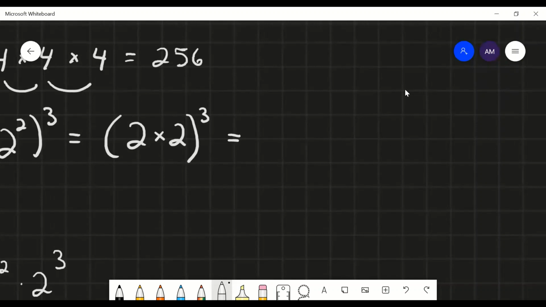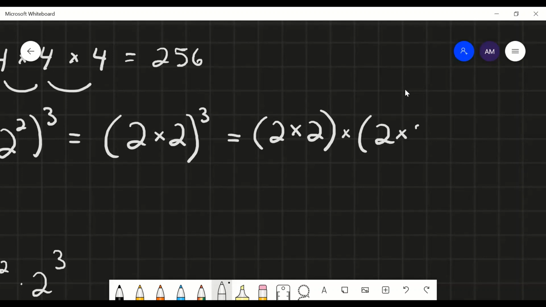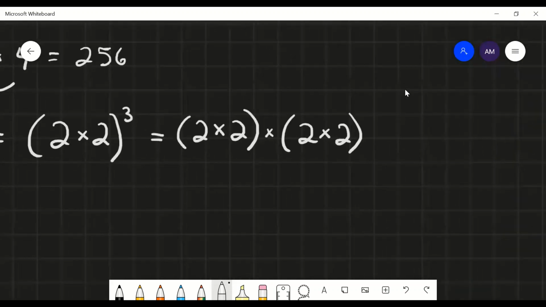Well, anything raised to the power of 3 means you multiply it by itself by itself. So even if it's a thing that's in brackets here, so even if it's the 2 times 2, all in brackets, that gets multiplied by itself a total of, well, twice, so that it appears 3 times, like this.